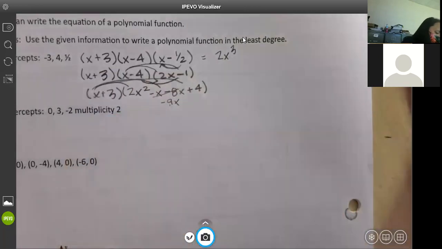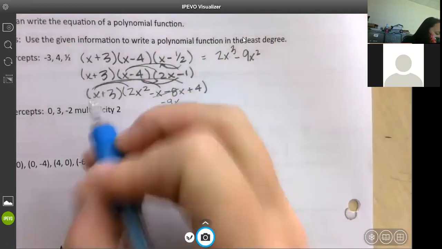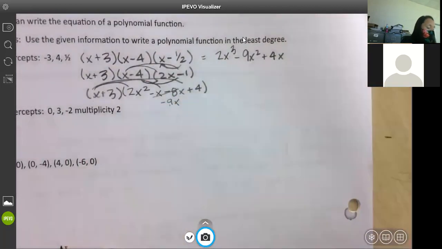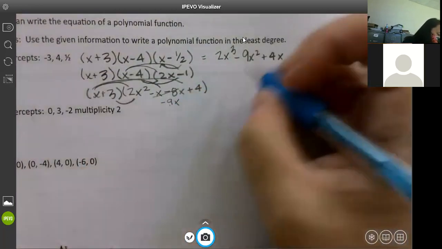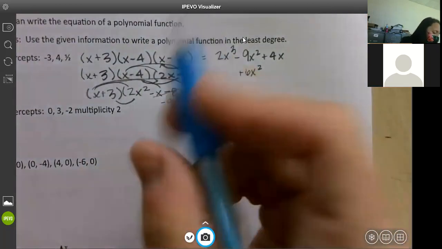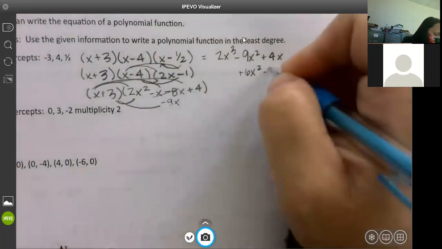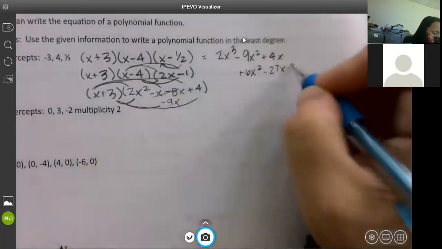X times negative 9x. X times 4. And then remember what I said, I like to line them up this way. 3 times 2x squared. So I put it underneath my x squared so I can just add it up. 3 times negative 9x. And 3 times 4.